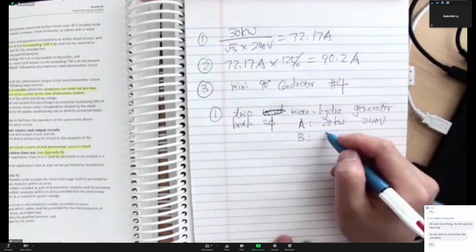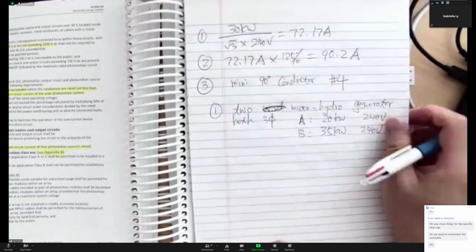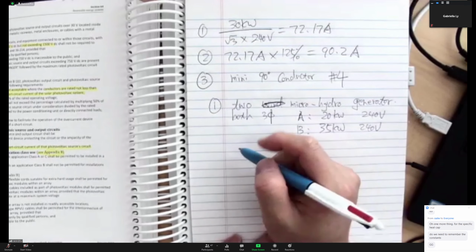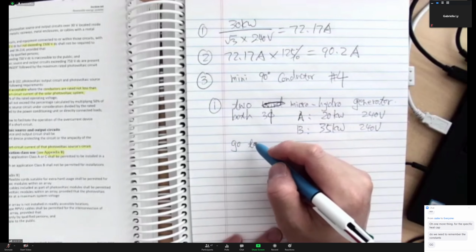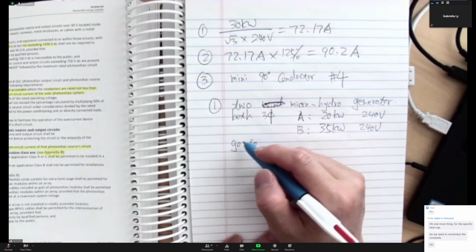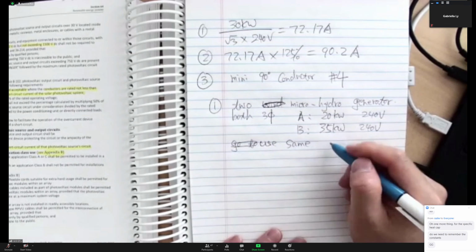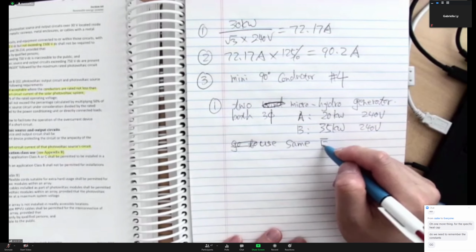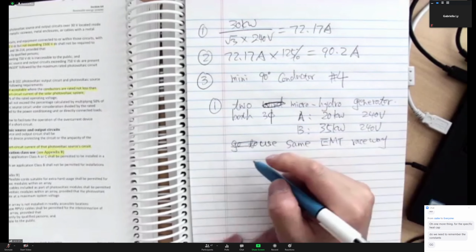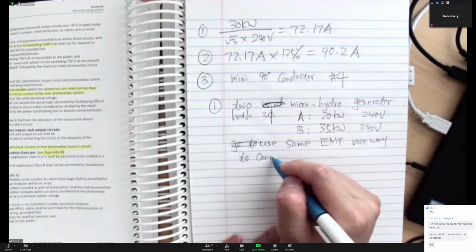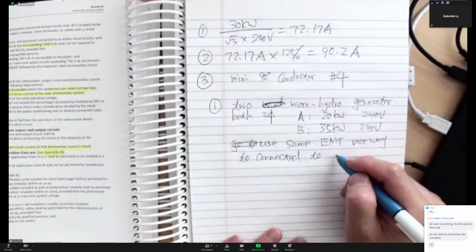The other, B, is 35 kilowatts, 240 volts. You're going to use the same EMT raceway to connect to a distribution panel.